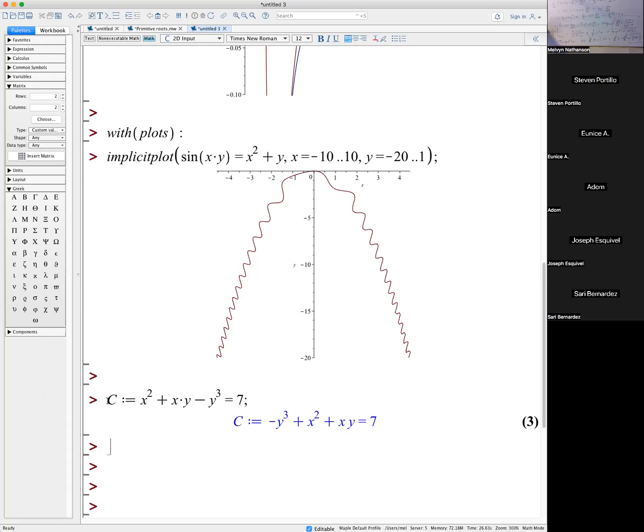And what does this curve look like? Let me plot the curve. I'll just choose some numbers at random and maybe modify it if I have to.